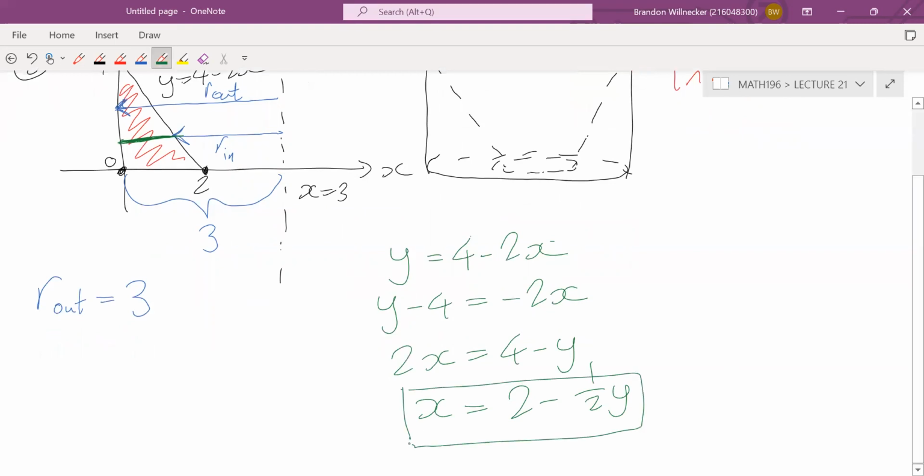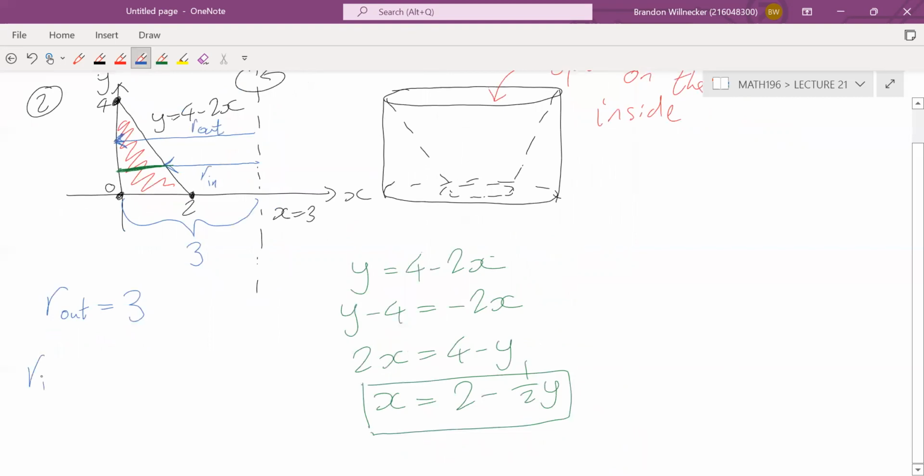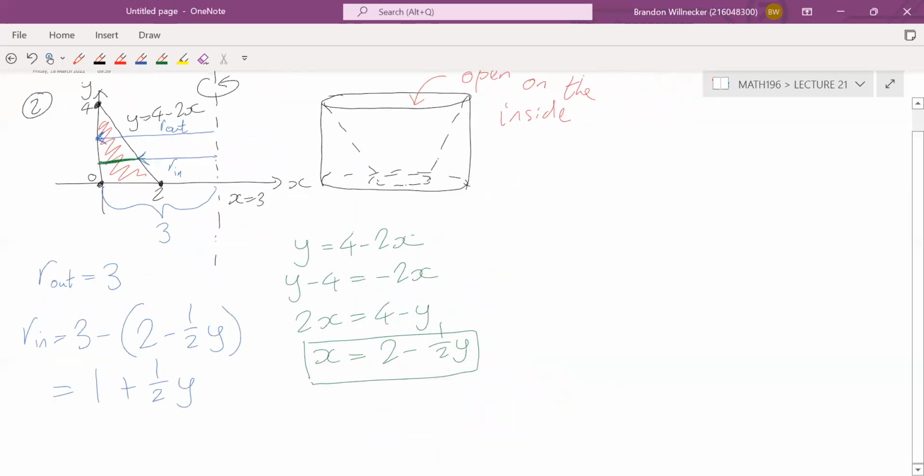So if that's the green distance, then the blue distance, the R in, will be 3 minus that, because that's the leftover. So 3 minus 2, that's going to be 1, and then plus 1/2 y. So we've got the outer radius, and now we've got the inner radius. Are there any questions about how I got that?